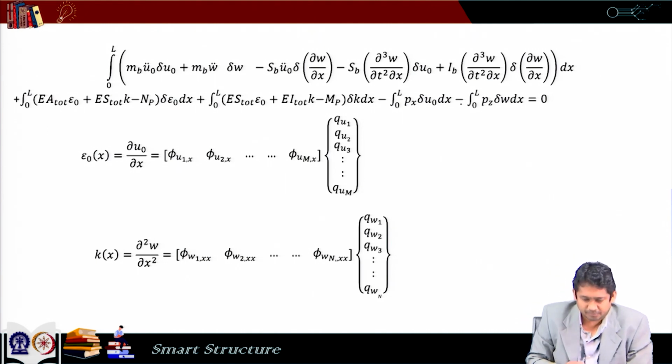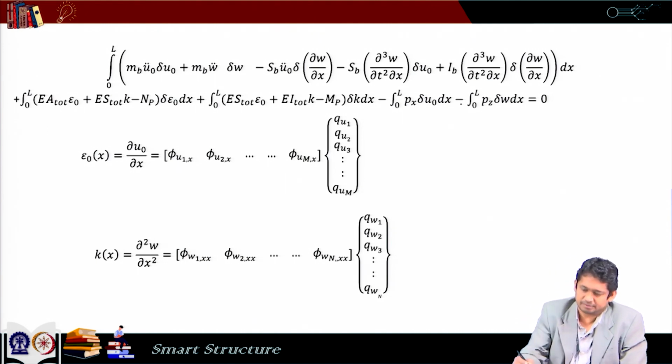So, this is our variational indicator. So, we started from the Hamilton's principle, and then we got rid of the time integrals, and we came to this intermediate expression, which is kind of analogous to our virtual work expression.